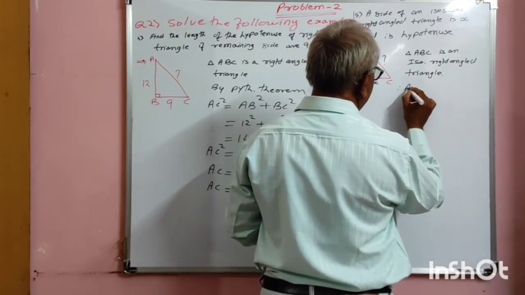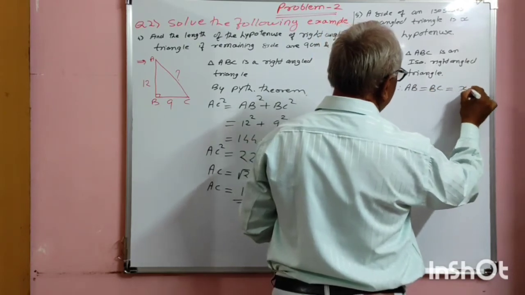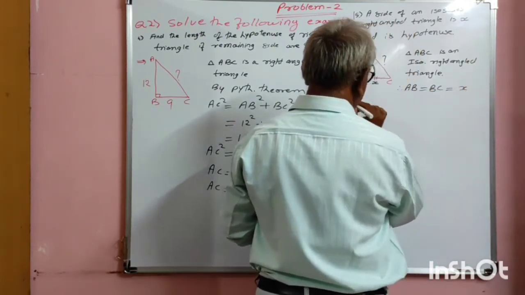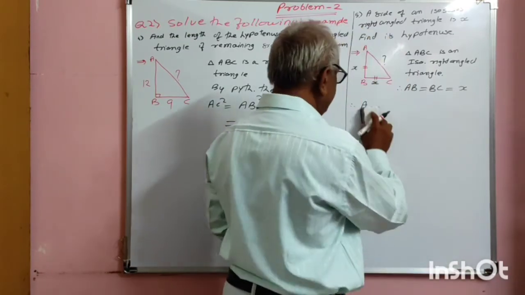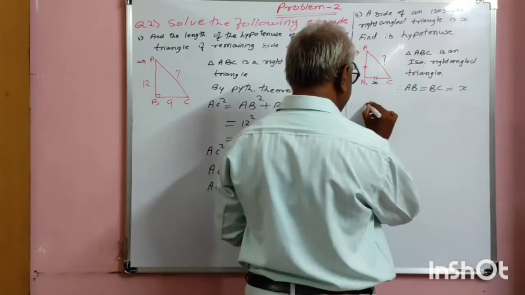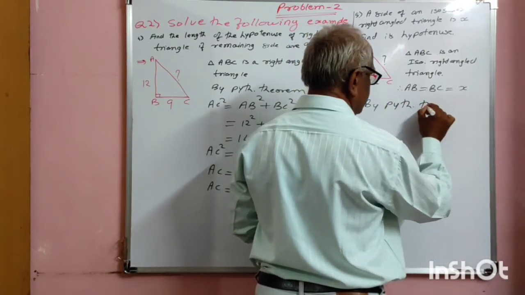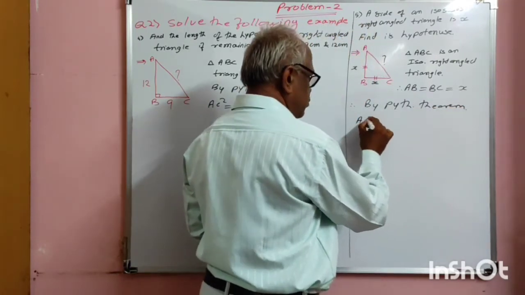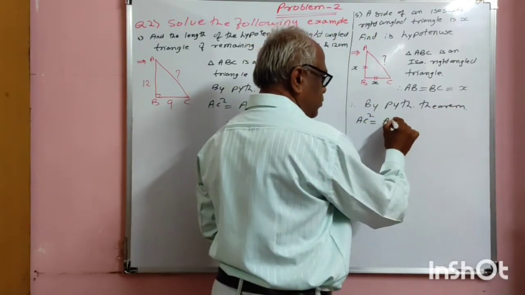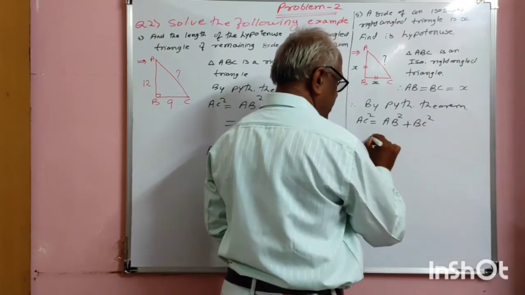Therefore AB is equal to BC, which is equal to X. Therefore by Pythagoras theorem, AC square is equal to AB square plus BC square.